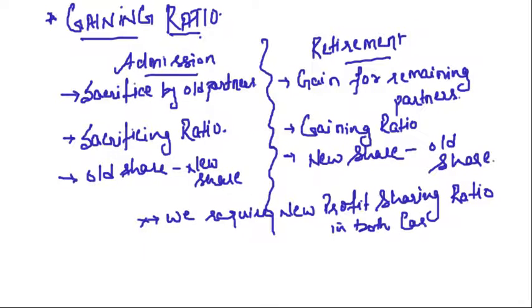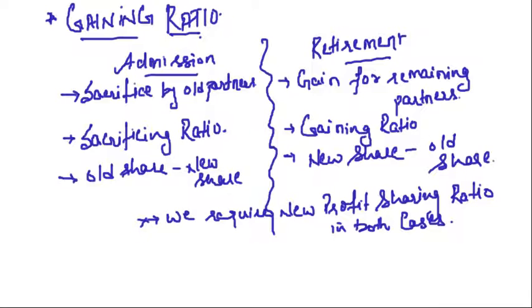For calculating the sacrificing ratio also, we need the new profit sharing ratio, and to calculate the gaining ratio also, we require the new profit sharing ratio. How to calculate the new profit sharing ratio, we have discussed in the last 2 lectures.